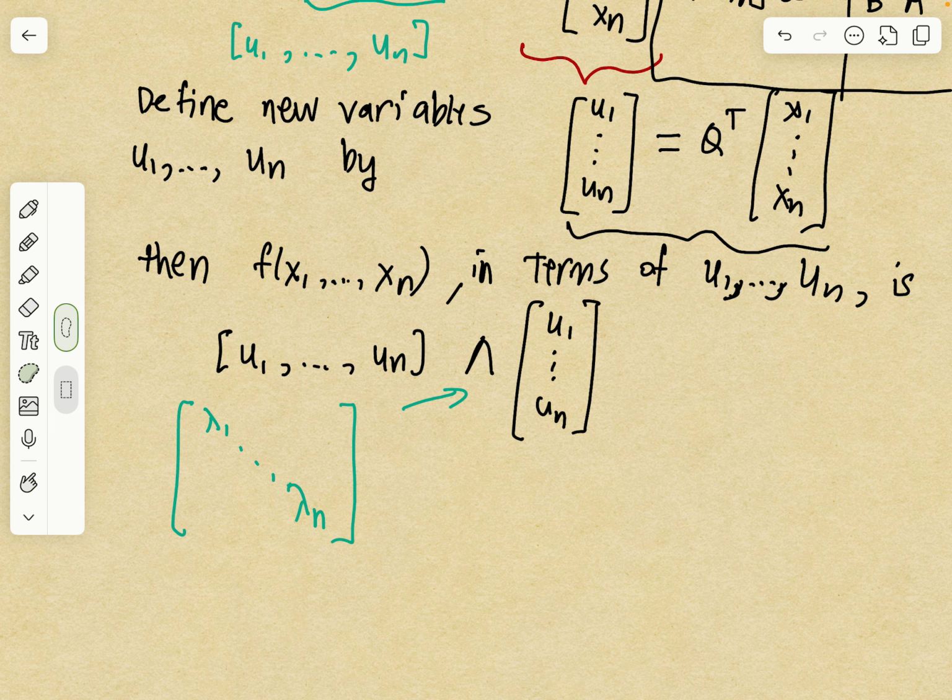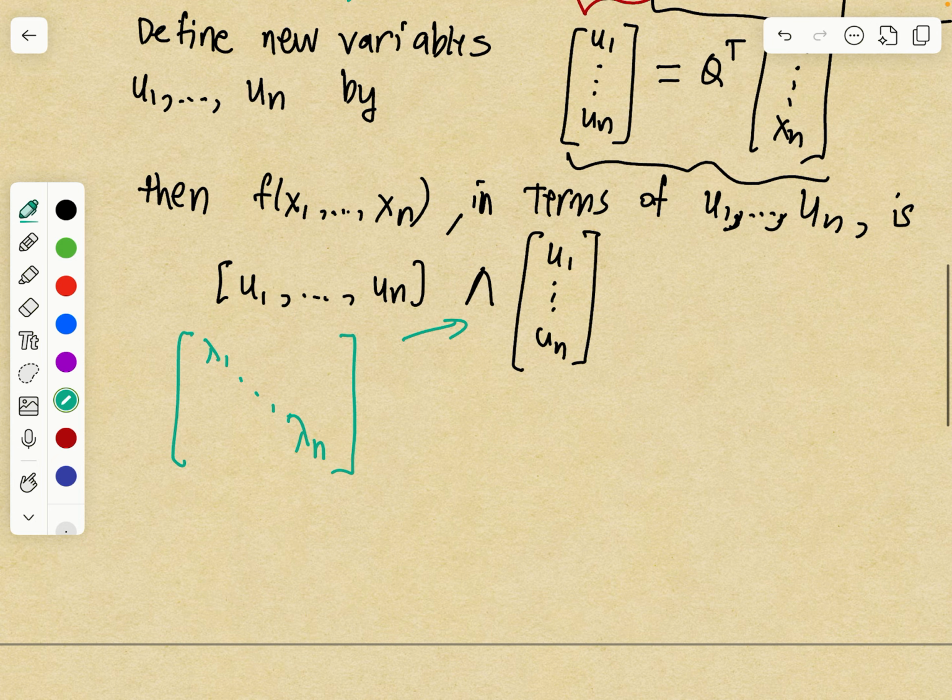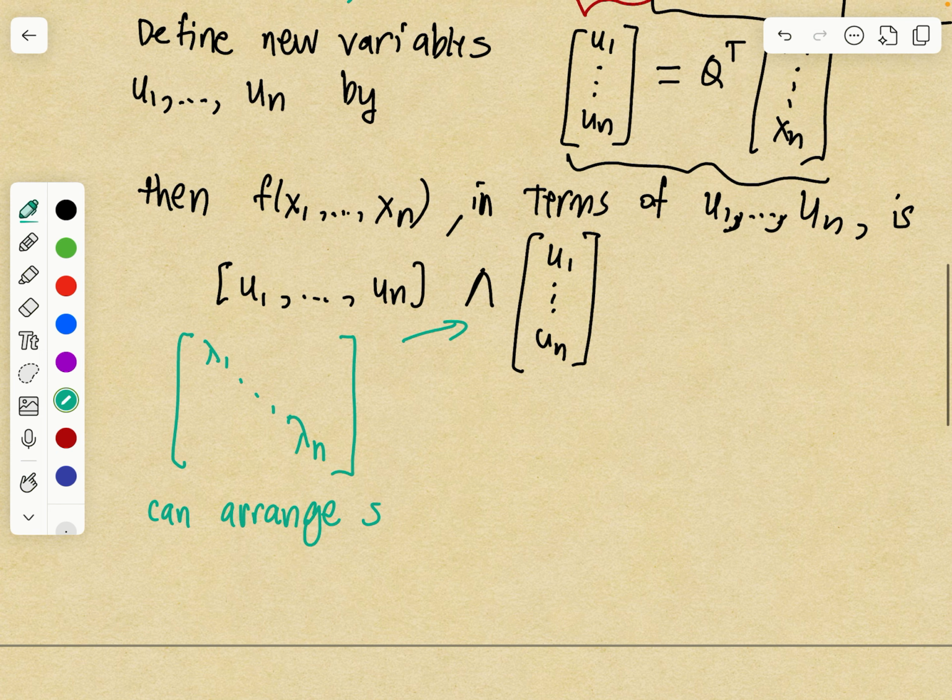Now, it's typical when you use the spectral theorem and write A as Q lambda Q inverse, you can always rearrange things. You can rearrange the lambda i's so that lambda 1 is greater than or equal to lambda 2 is greater than or equal to, and so on, down to lambda n.